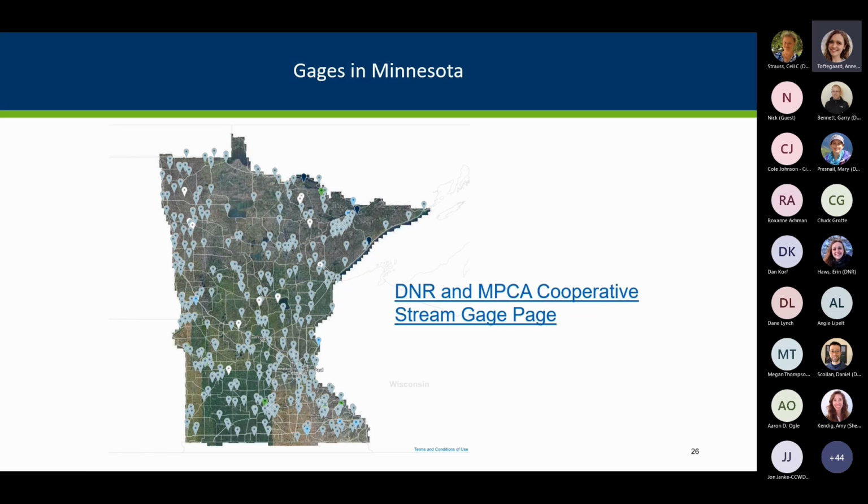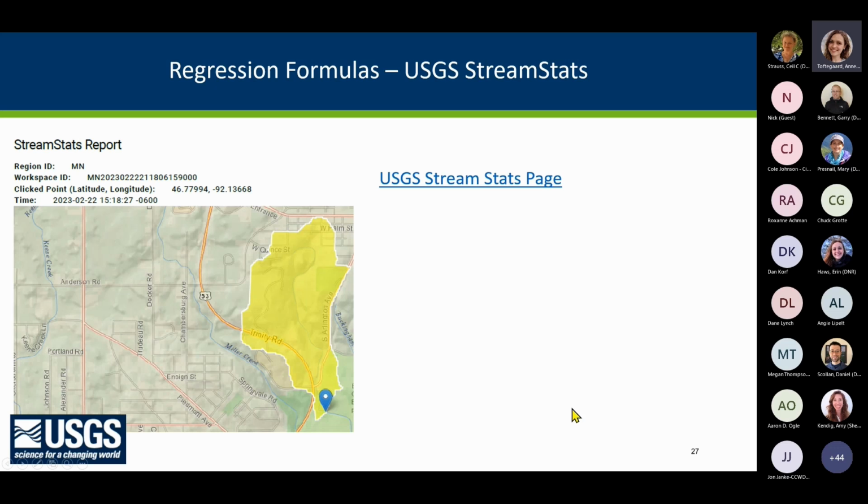But within each of these points, there's a lot of information like the elevation of the stream currently, the flow in the stream currently, and you can look at the records of that information over the lifetime of that gauge. So that's just some good information to know.